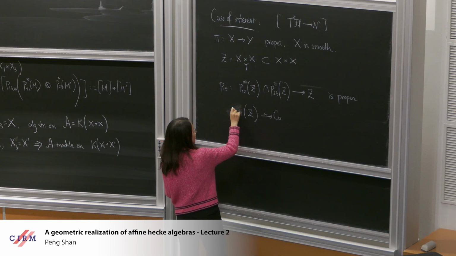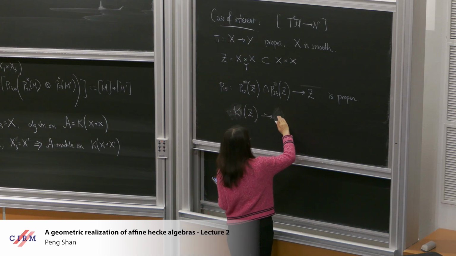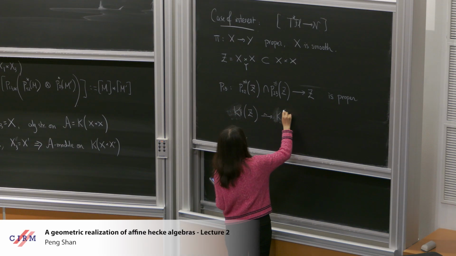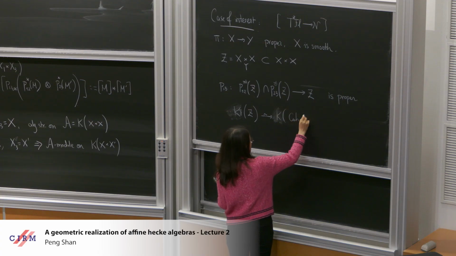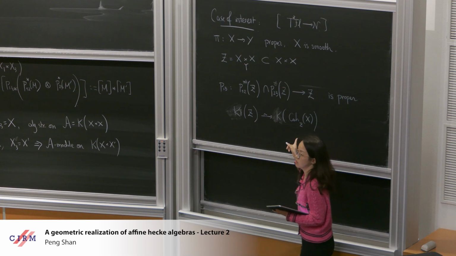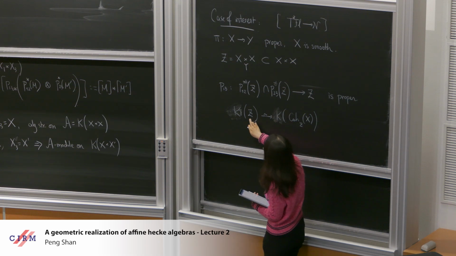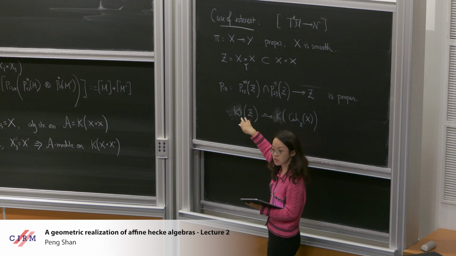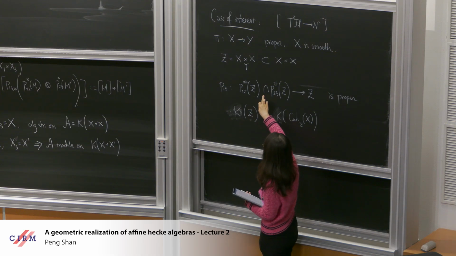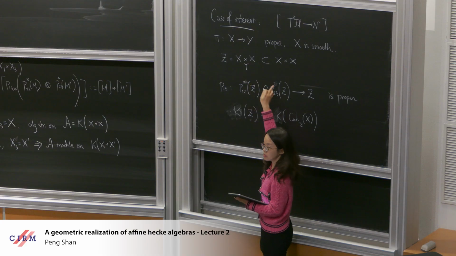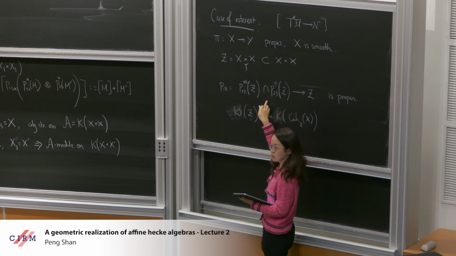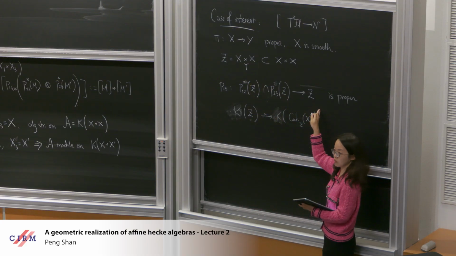The push forward of coherent sheaves on Z is the same as the K-theory of coherent sheaves on X but supported on Z. Now if you pull back sheaves which were originally supported on Z and do the tensor product, it is supported on the intersection. Therefore, you can still push forward these sheaves.